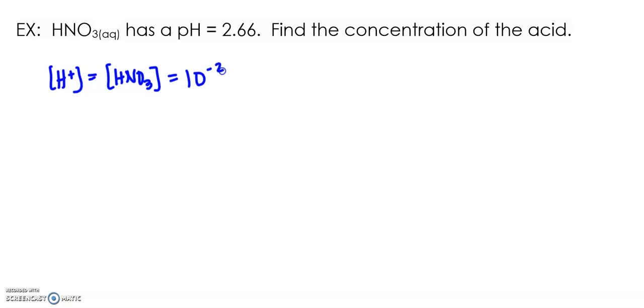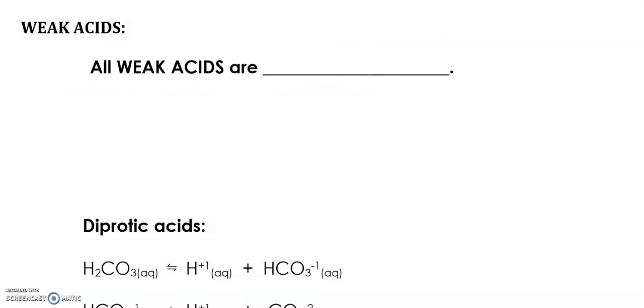So 10 to the negative 2.66. So when I type this in, I have 2 decimal places, so I'm going to have 2 significant digits in my concentration. So this would be 2.2 times 10 to the negative third moles per decimeter cubed for my concentration of my acid. All right, so let's talk about weak acids.